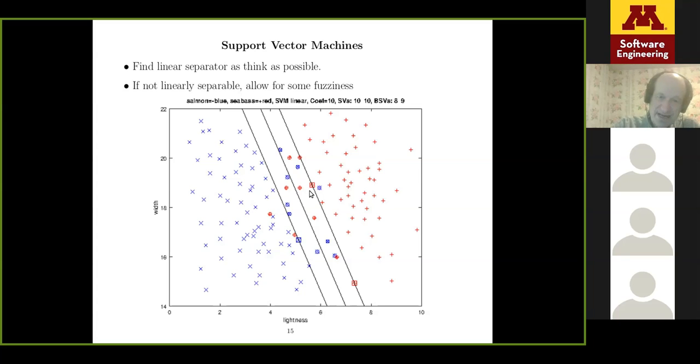Anything in the middle of this no man's land is sort of fuzzily classified. And the big crosses, this one has a big square, this one has a big square, and this one has a big square around it. Those are the 3 points that determine the orientation and width of this no man's land.